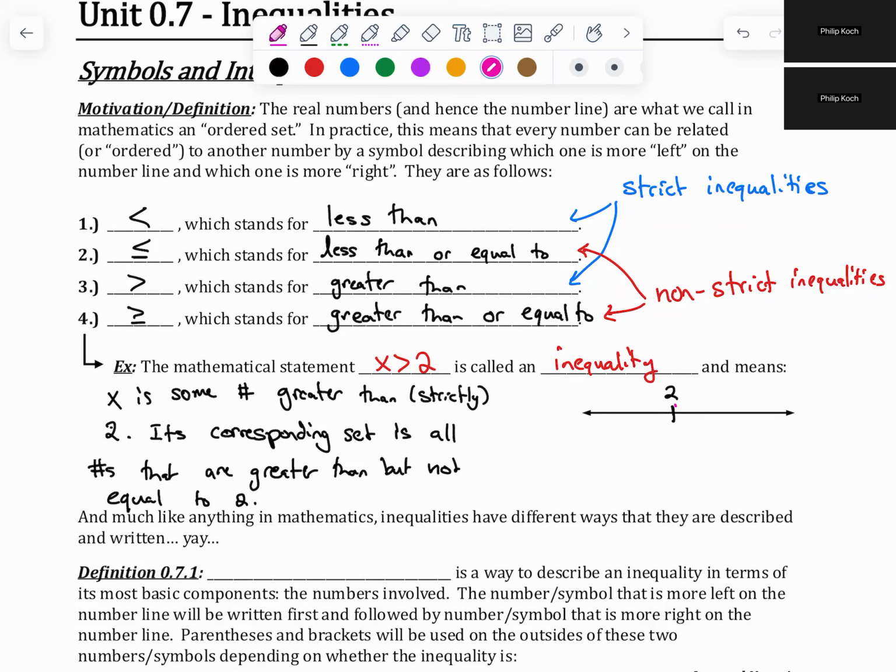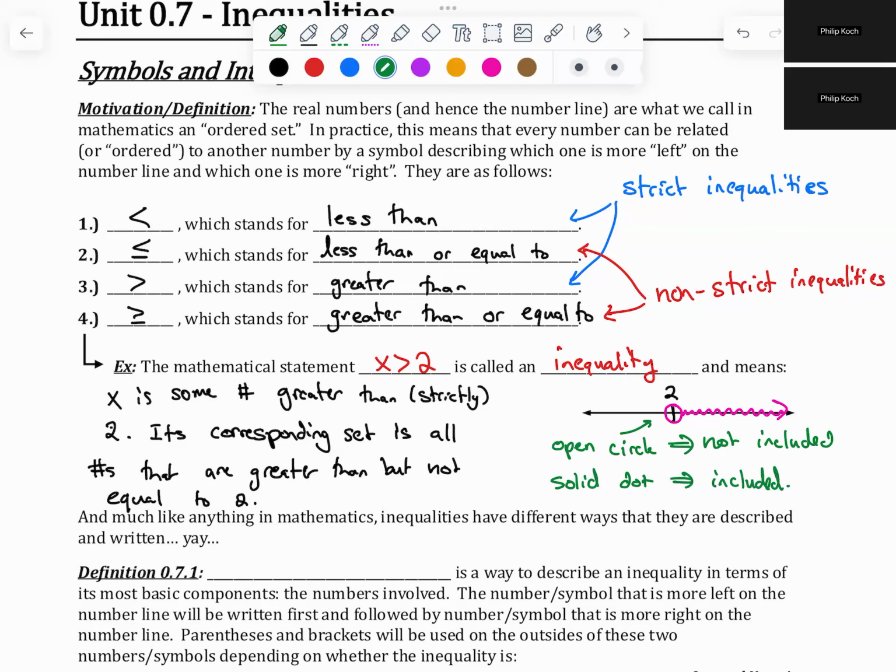We'll put an open circle here, and then all the numbers greater than it, so to the right on the number line. Key thing to mention: an open circle means not included, while a solid dot means included.